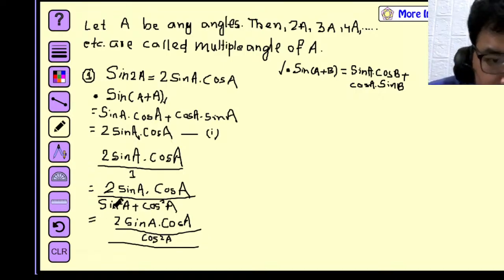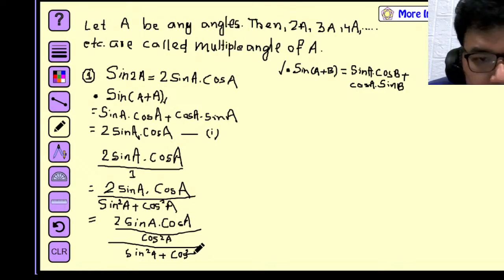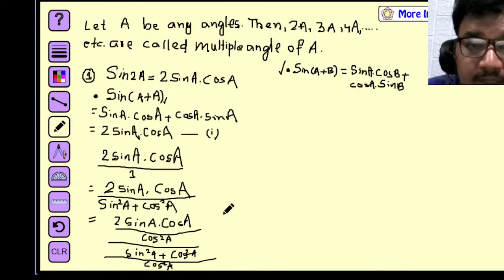Now let's divide its denominator. There is also sine square A plus cos square A, and this denominator is also divided by cos square A. Numerator we divide by cos square A and denominator also cos square A. Then what happens?